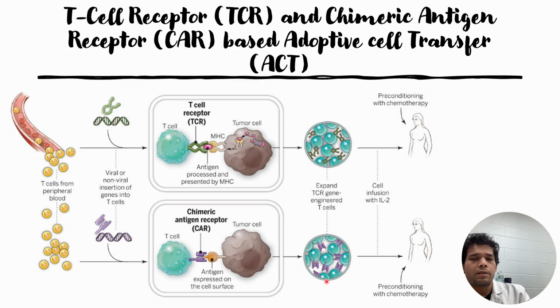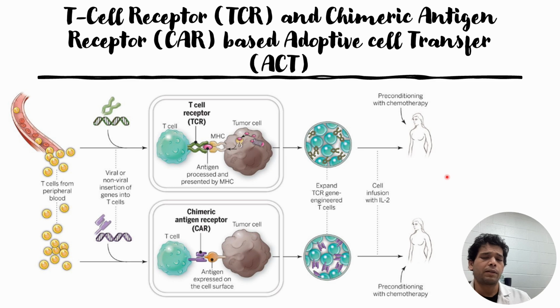So once these T cells are transduced with the chimeric antigen receptors, they will also be expanded and then reinfused into the patient after the patients are preconditioned with chemotherapy. So this is the difference between TCR and CAR.